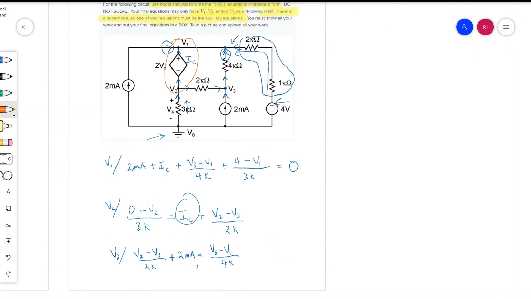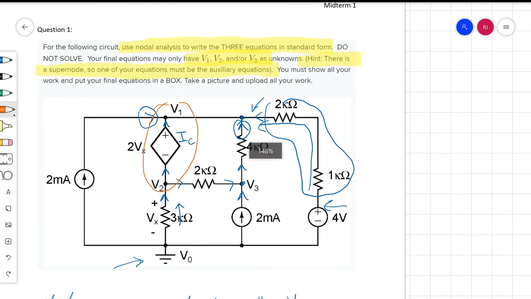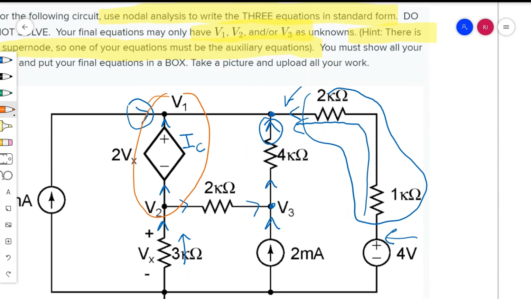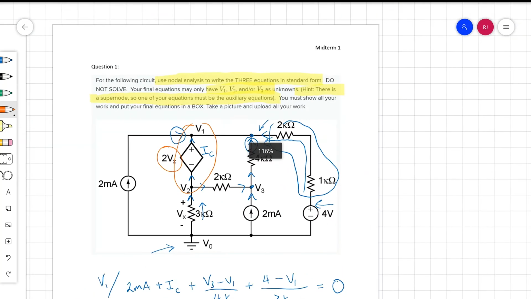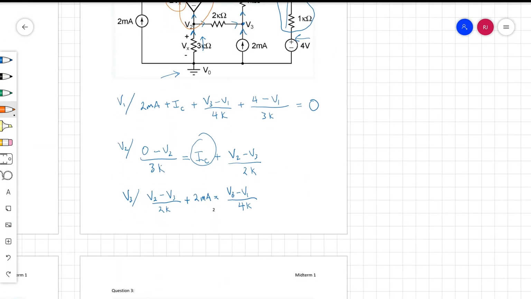If we look at this circuit, specifically at the supernode, this is saying that V1, that voltage, is greater than V2 by an amount 2Vx. So we can write that out as our fourth equation.